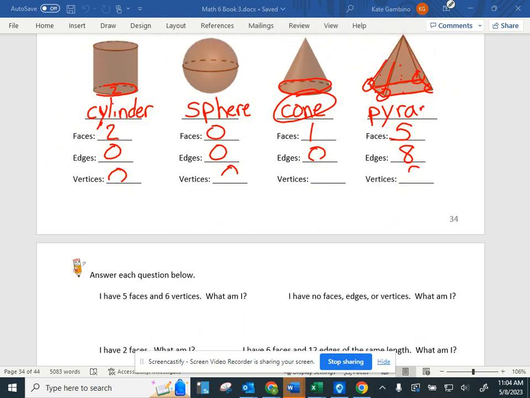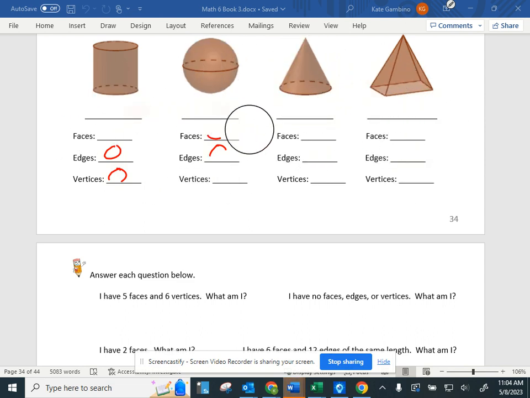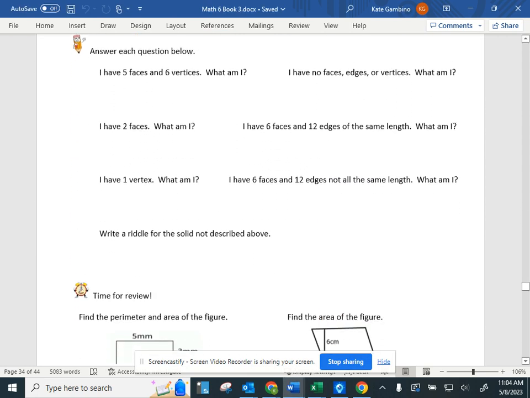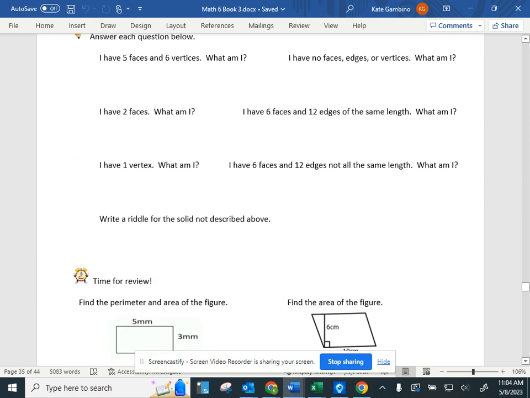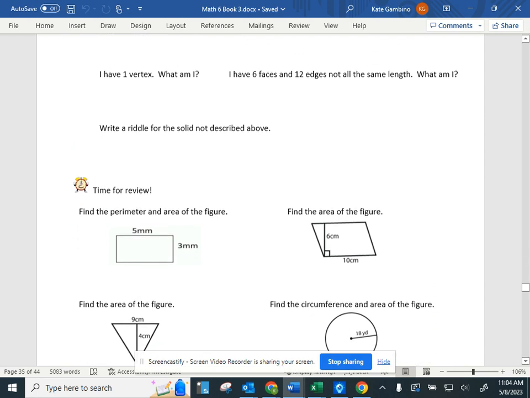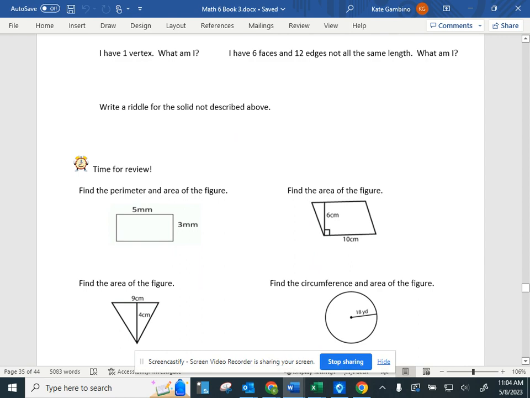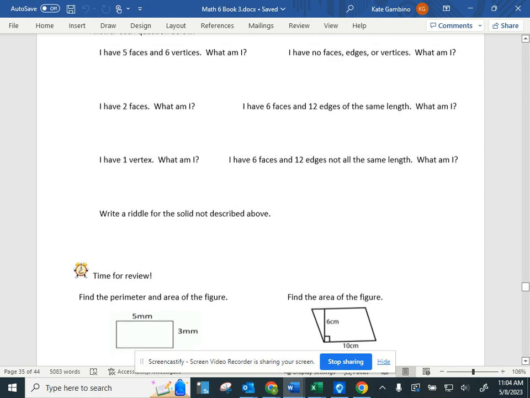On our second page, you're going to look back at how we answered our different shapes. And you're going to say, which shape is it? If I have 5 faces and 6 vertices, what am I? You're going to put that shape name. So put the shape names that fit for each question. And then you're going to write a riddle for the solid that is not described above.